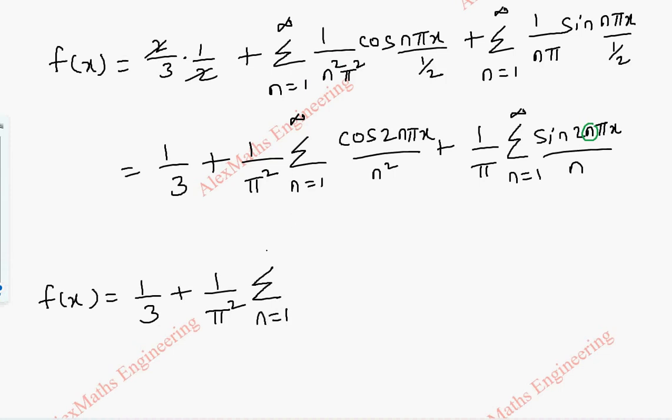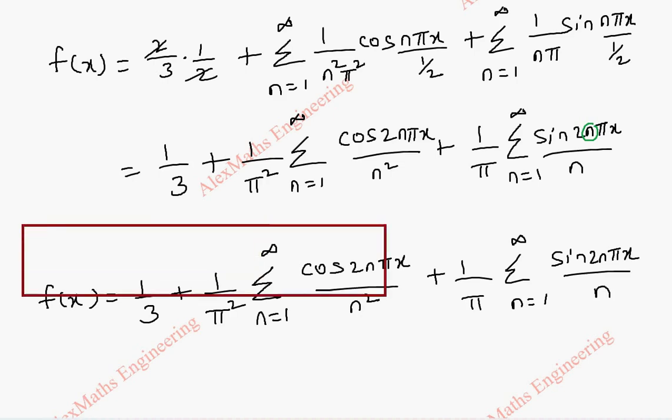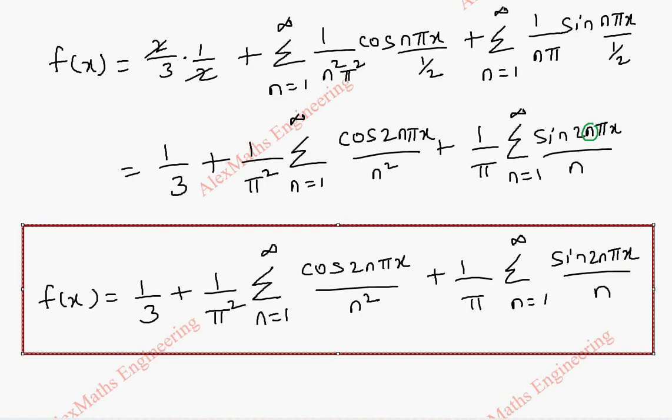This is from n is 1 to infinity cos 2n pi x by n square plus 1 by pi summation n is equal to 1 to infinity sin 2n pi x by n. This is our required Fourier series expansion for the given function f of x.